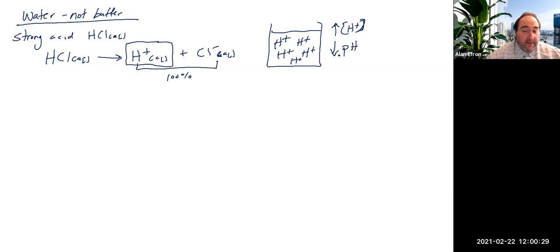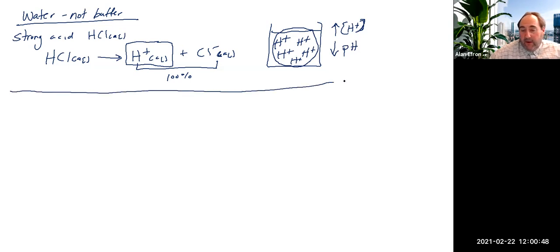The amount of H plus went up high, so pH is going to go down. And in this case, maybe our water started at a pH of 6. It might go down to a pH of 1 or something like that, because again, we generated a lot of free H plus from the hydrochloric acid that was added.